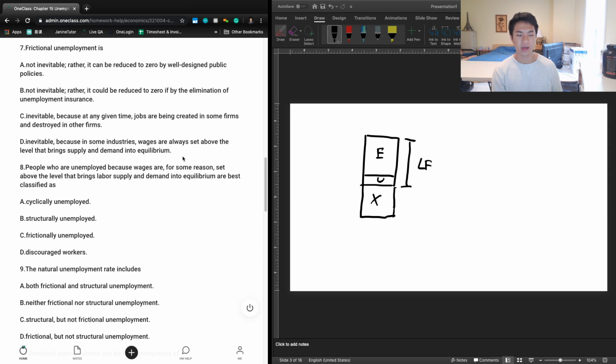You can think of centralized government-sponsored job posting boards like USAJobs.gov, which is the board for government jobs, or public policy that makes it a lot easier for people to know what jobs are out there. Public policy will be able to reduce frictional unemployment, but just not to zero.